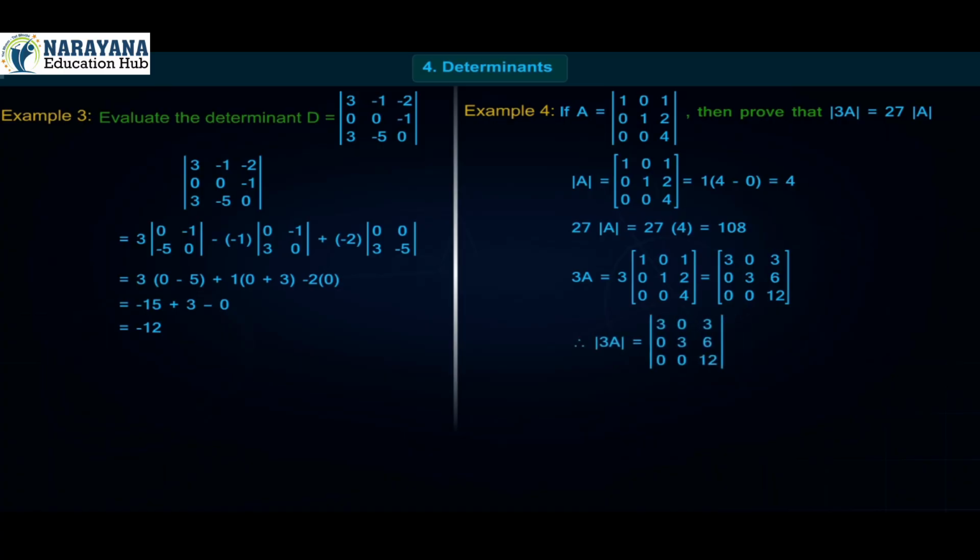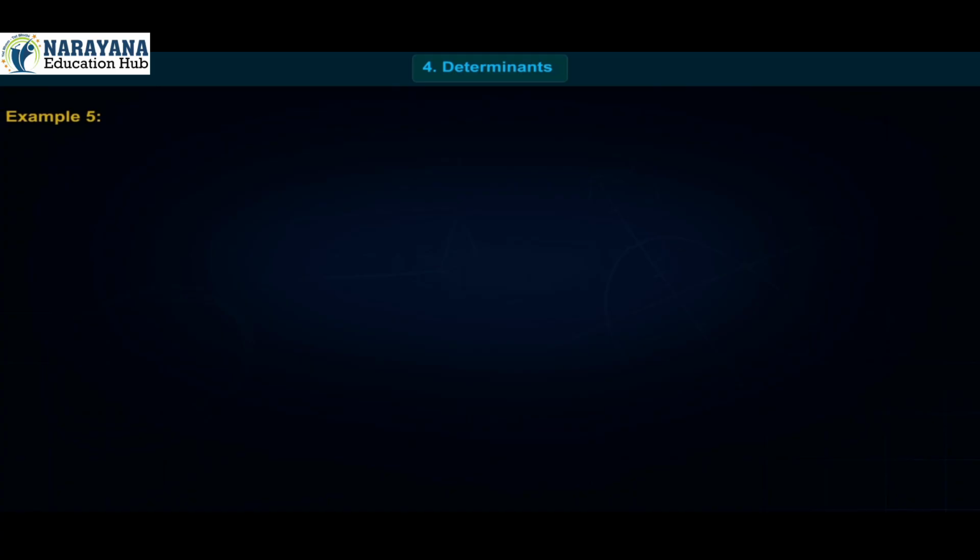Therefore, determinant of 3A is equal to determinant 3, 0, 3, 0, 3, 6, 0, 0, 12 is equal to 3 into 36 minus 0 is equal to 108. Therefore, determinant of 3A is equal to 27 into determinant of A.